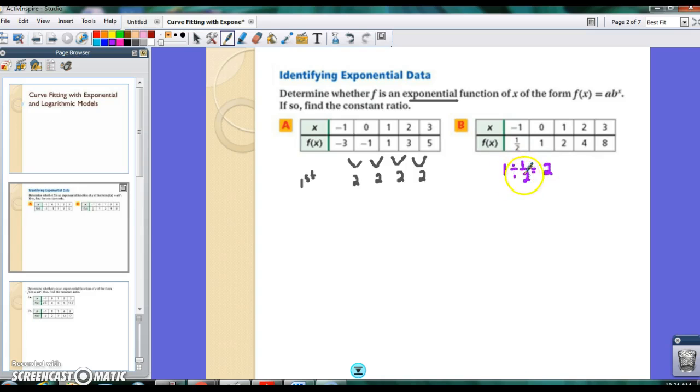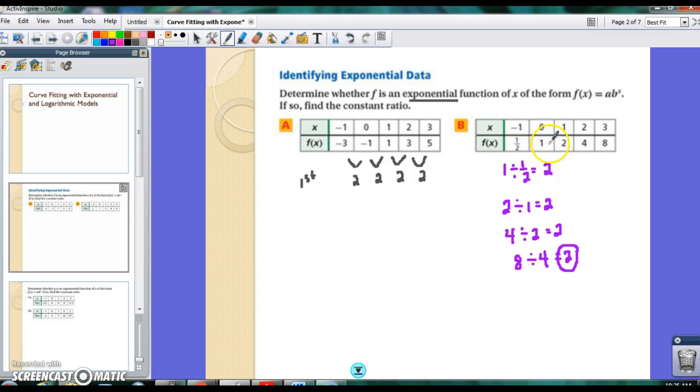If you do 1 divided by 0.5 in your calculator, you get 2. Then I'm going to do the same thing: 2 divided by 1, that also gives me 2. Then 4 divided by 2 gives me 2, and then 8 divided by 4 also gives me 2. 2 is my constant ratio.